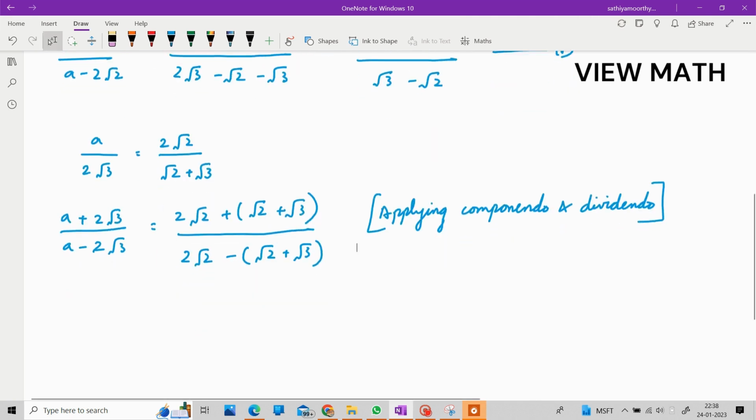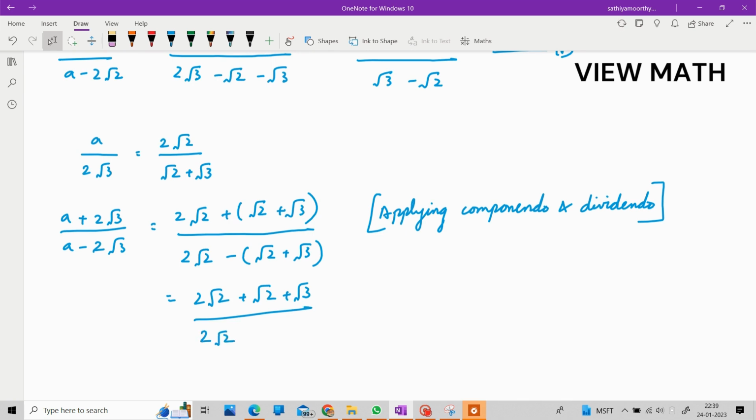So I will be getting 2 root 2 plus root 2 plus root 3 divided by 2 root 2 minus root 2, multiplying the negative sign inside the bracket, minus root 3. So let me simplify this. 2 root 2 plus root 2 becomes 3 root 2 plus root 3 divided by the denominator 2 root 2 minus root 2. So we get root 2 minus root 3.